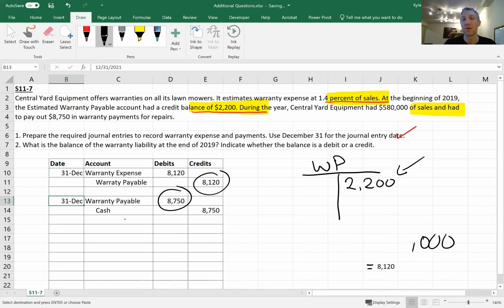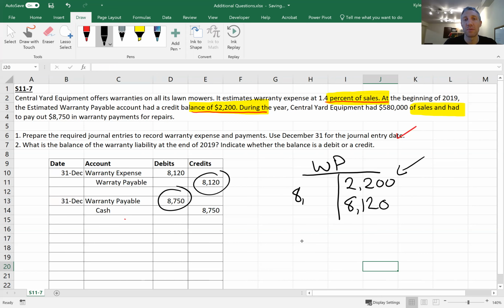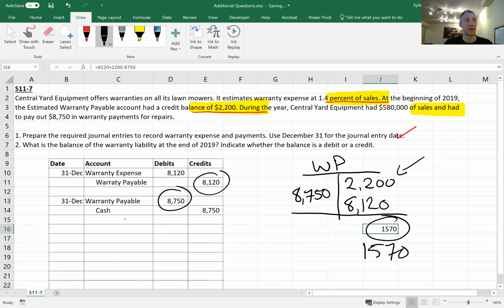So if I were to update the T account with the journal entries we just did, I would credit warranty payable by $8,120, and I would debit warranty payable by $8,750. After I've done this, I'm going to have a credit balance of, let's see, 8,120 plus 2,200 subtract 8,750. I'm going to have a credit balance of $1,570 in the warranty payable account.